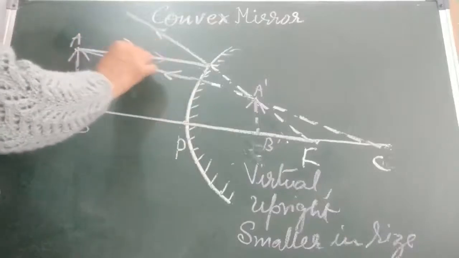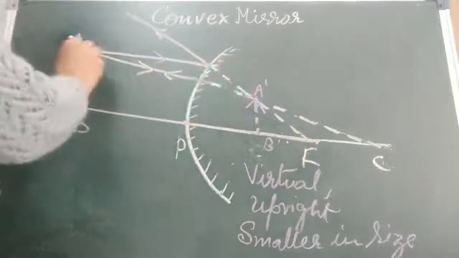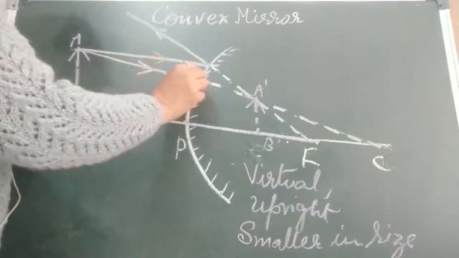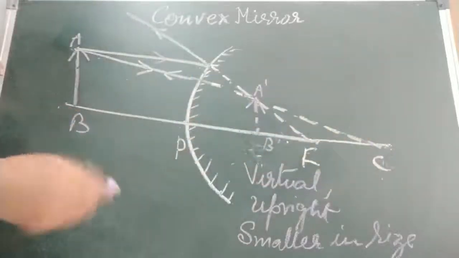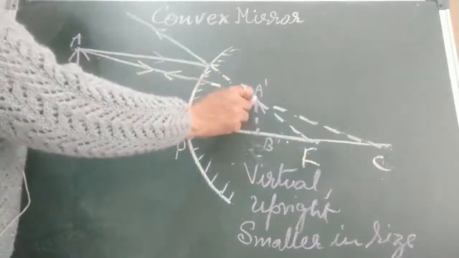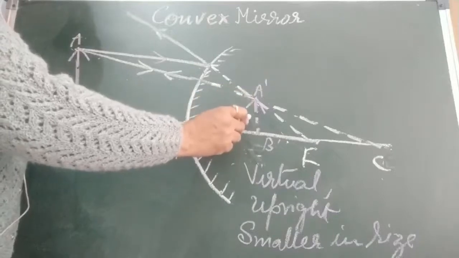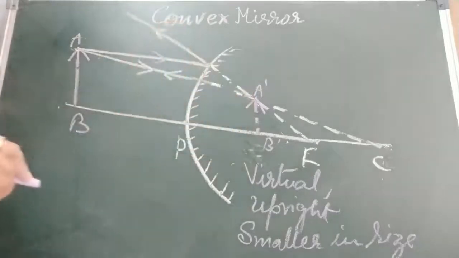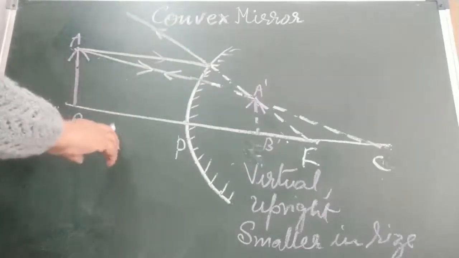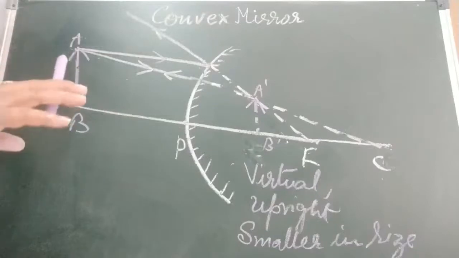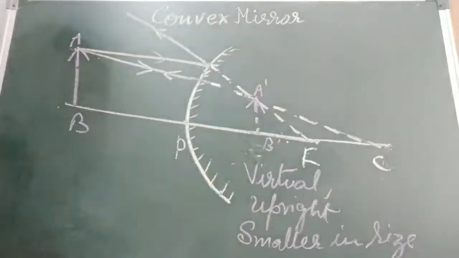This ray will go and reflect, it is reflecting from the focus. This ray will go and reflect back, and it seems it is coming from the center of curvature, and always they are going to cross here, and always the image would form smaller than the object. So in convex mirror the image is always virtual, upright, and smaller in size.